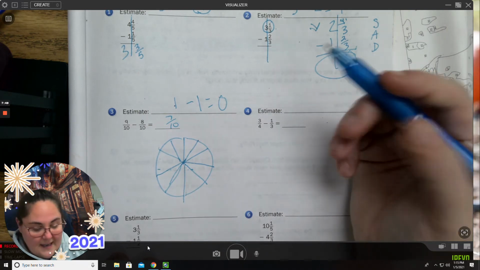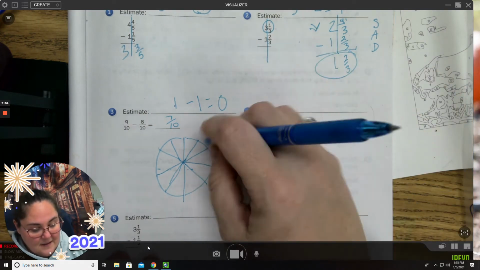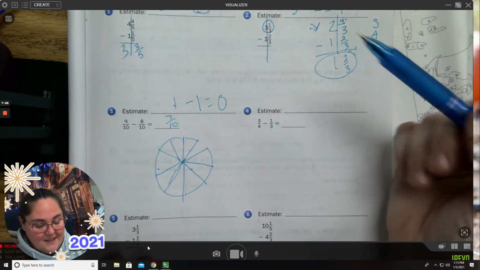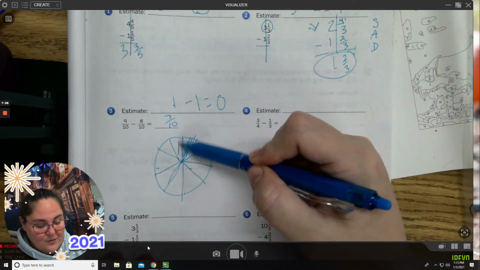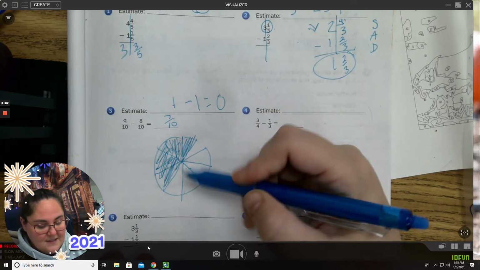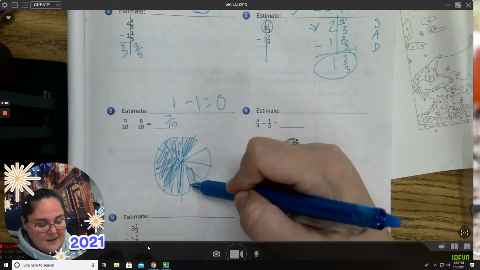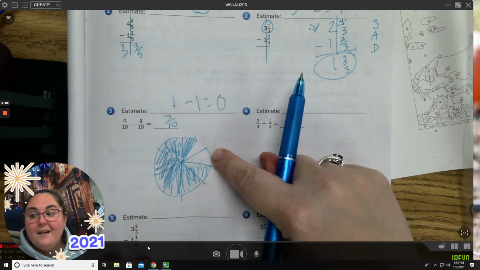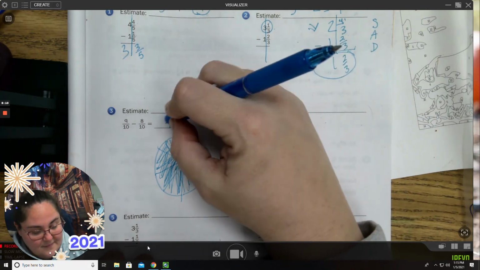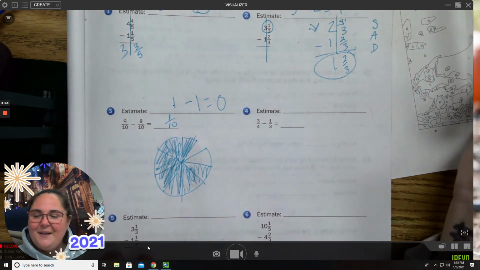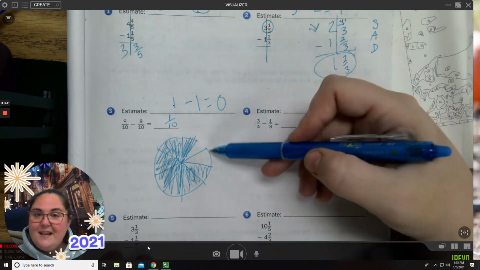All right, 9 tenths minus 8 tenths. 1, 2, 3, 4, 5, 6, 7, 8. How many pieces do I have left? 1. I don't know why I said it was 7 tenths. It's supposed to be 1 tenth. 9 minus 8 is 1 tenth.